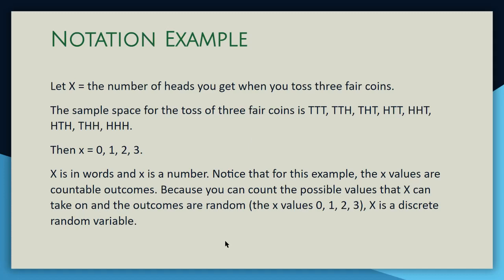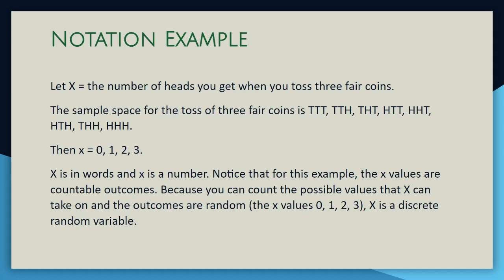You'll notice in this example, X values are countable outcomes. We're counting the number of heads. Because we can count those possible values, and X can take on the outcomes, sorry, words are hard, and the outcomes are random, X is a discrete random variable.